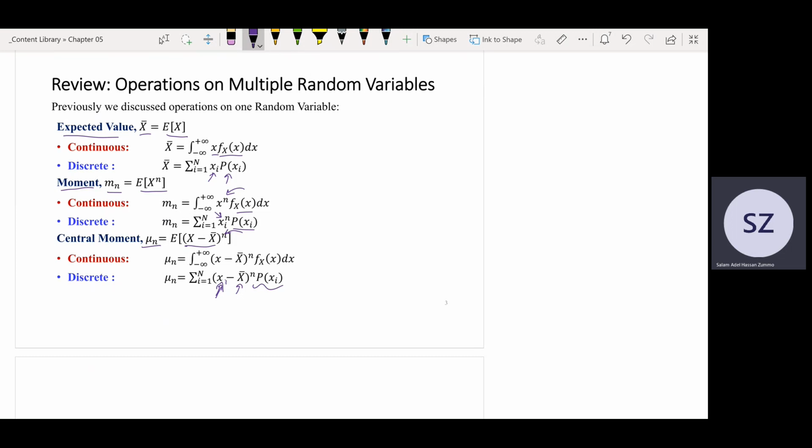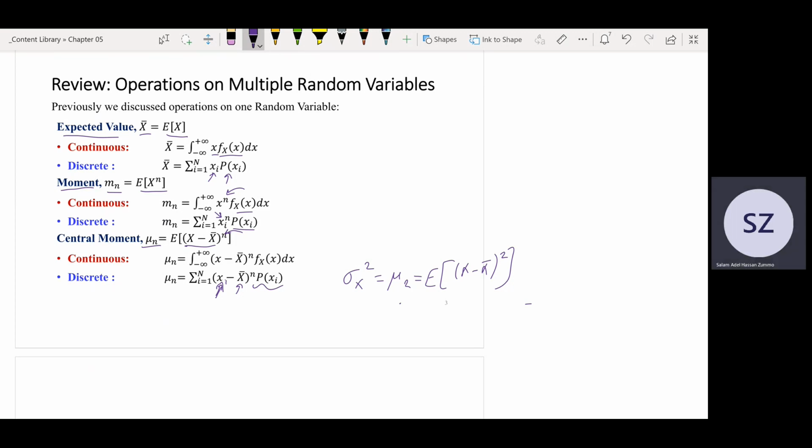So for example, in the variance, what was n? It was 2. Mu 2, which is the variance. So basically sigma x squared was equal to mu 2, which is the expected value of x minus x bar squared. So when you calculate it, every time you take a value x compared with the mean, you see how far it is from the mean, and you square, and you give it a weight equal to the probability of that x, and then you go to the next x.